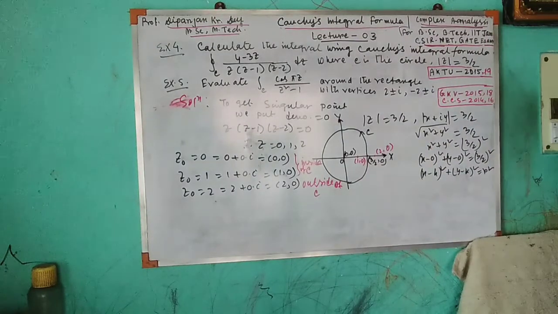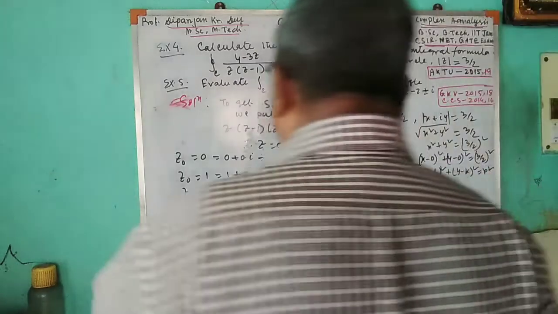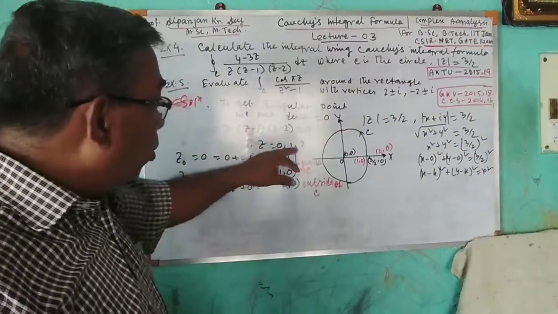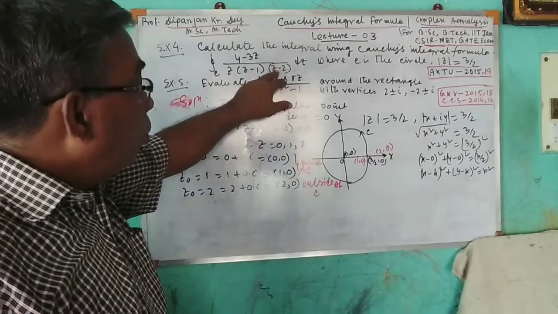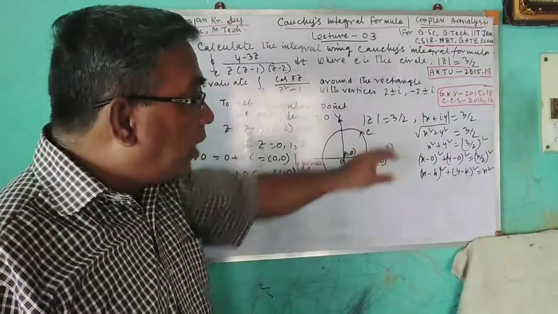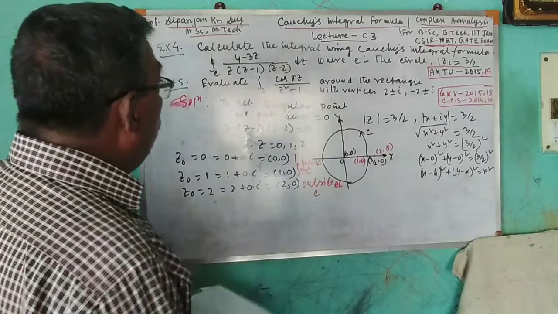Okay. So now what is actually f(z)? This is the point z minus 2 equal to 0, which is outside the circle. So what will be f(z)?